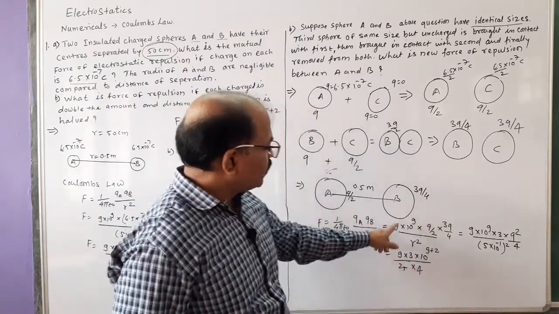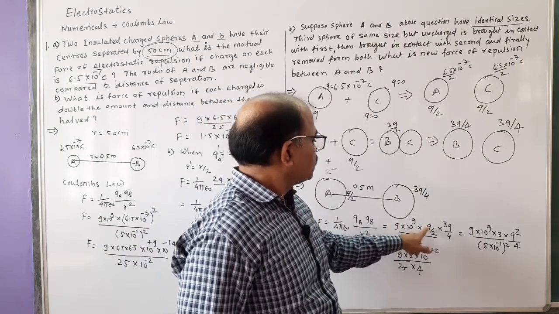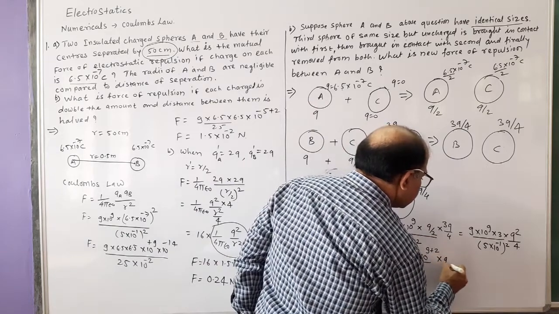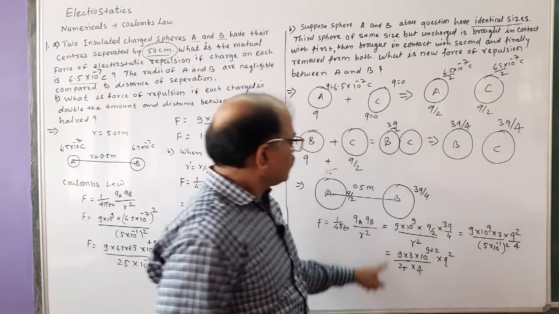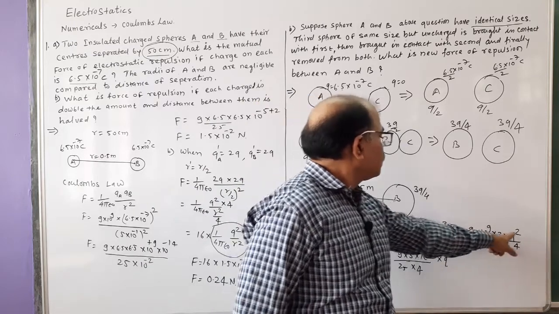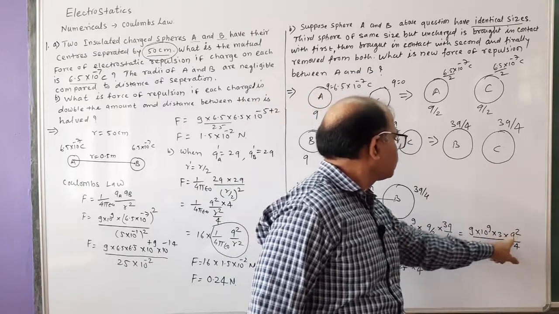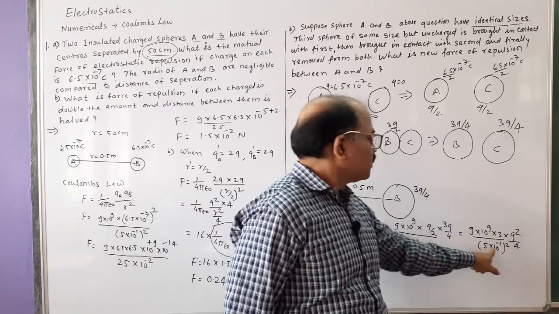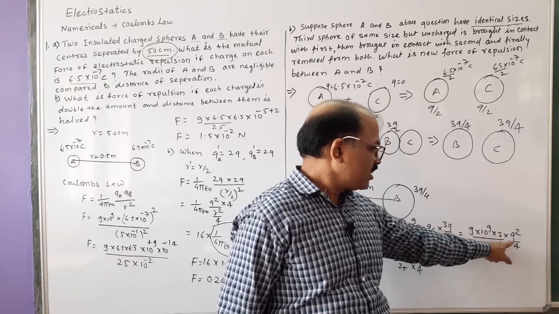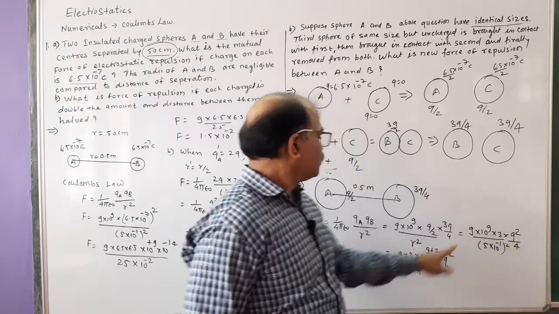Let me check it. For 9, this is q square into q square, 9 into 3, 10 raised to 9 q square. The square of 5 is 25, and the square of 10 raised to minus 2 is 10 raised to minus 2.